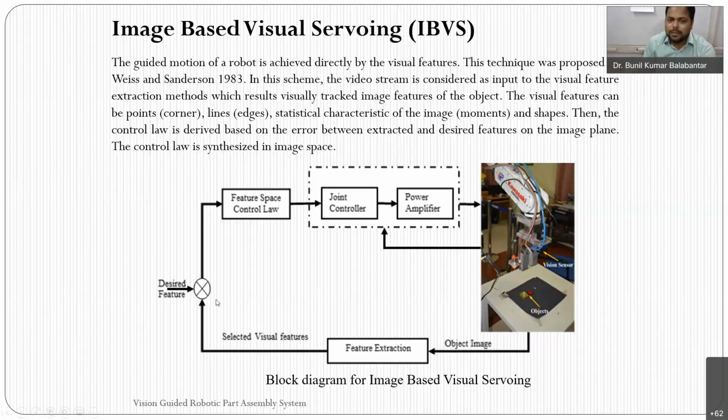That is to be given in the feature space, where the control law is to be developed. Once the control law is developed based on this feature map, it is fed into the controller of the robot, through which we can control the different joints.